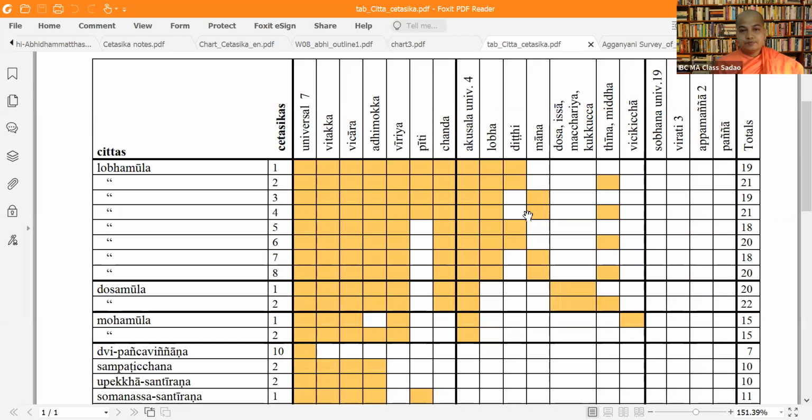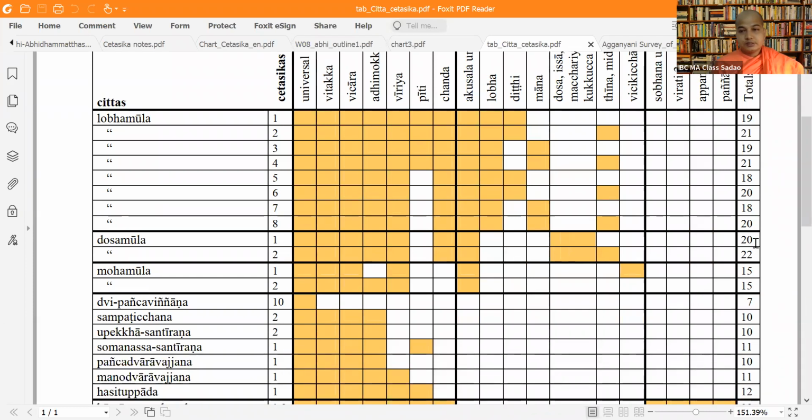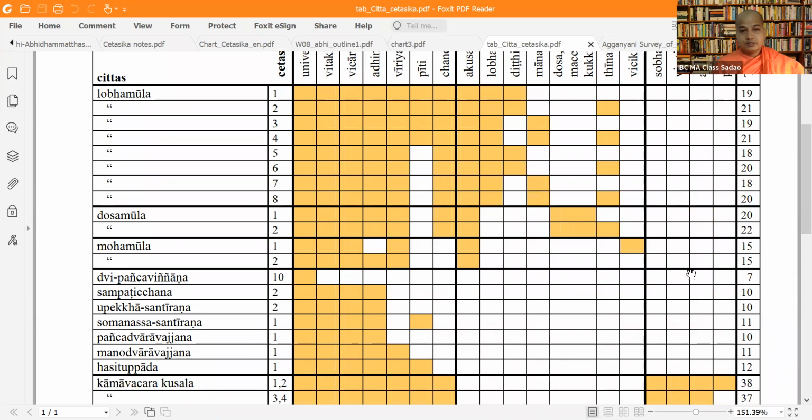The next one, Ditthi is absent, Mana is present, and a total of 19 Chaitasikas. Similarly, 18, 20, 18, 20 again. Then in the first type of Dosamula chitta, 22. The second type, 15. In the Mohamula chitta, the number of Chaitasikas present is 15.